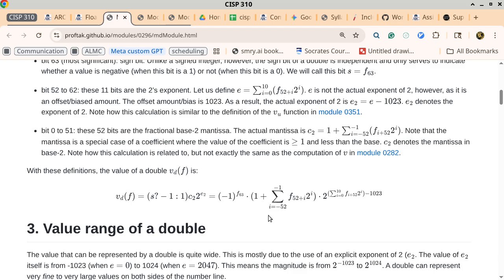If I have to summarize the entire module, this is it. Next Tuesday, I will give you some examples. I will go in both directions. I will say, this is the value that I want to represent. What does it look like as a double precision floating point number? And then we can also go the other way: this is the bit pattern, what value is it representing?